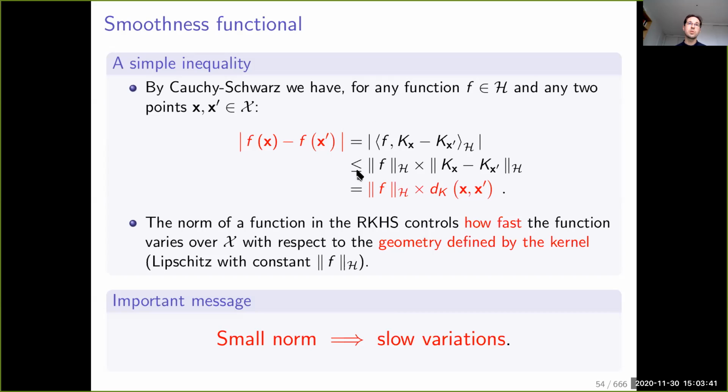So the Cauchy-Schwarz inequality tells us that this can be controlled by the product of two terms. One of them is the norm of f in the RKHS. So it's a quantity that only depends on f. It does not depend on x and x prime. And this other quantity is simply the norm of k_x minus k_x prime, which is the distance between x and x prime after mapping your data in the RKHS.